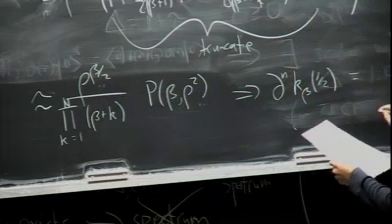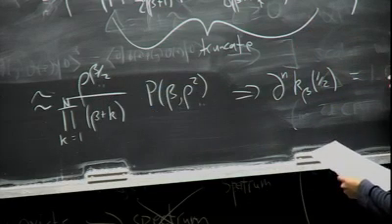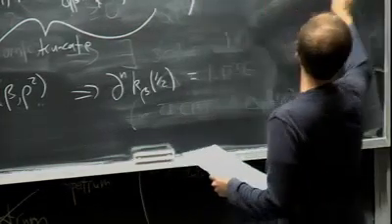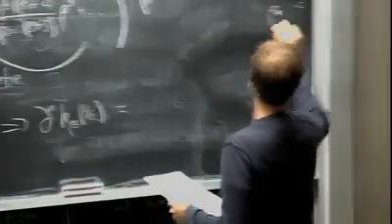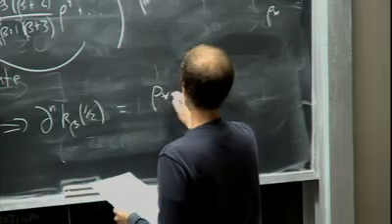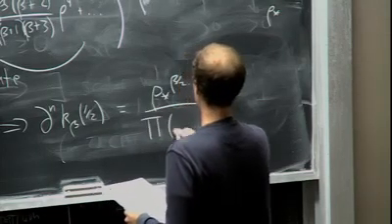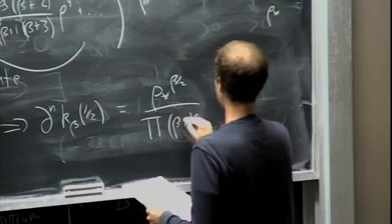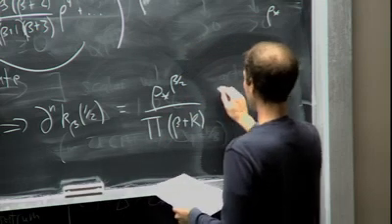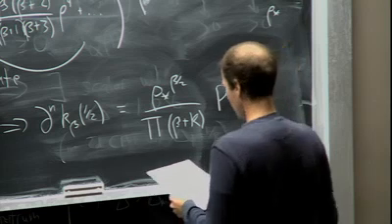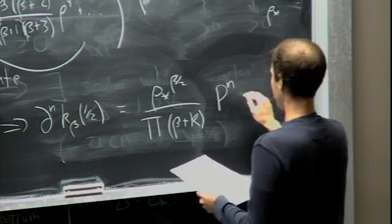But you just get that this is equal to the crossing symmetric value of rho, which I'll call rho star. So this is just rho star to the beta over 2 over a product of poles times some polynomial in beta.